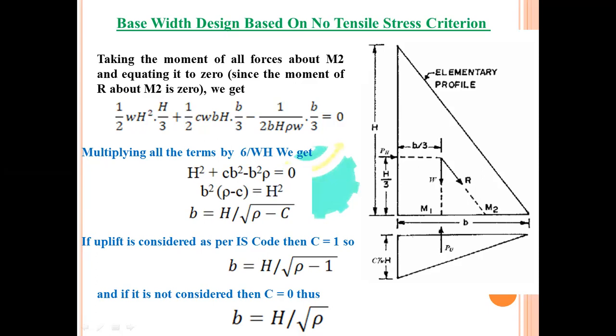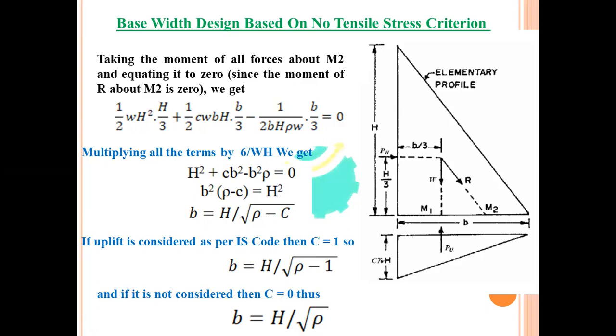We want the formula for B. Then B equals H by square root of rho minus C. This is the formula for calculating the base width of the dam. So the base width depends on the height of the reservoir, rho the density of the material, and C the uplift intensity.